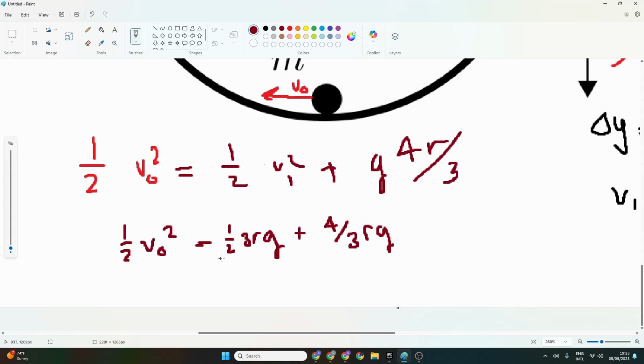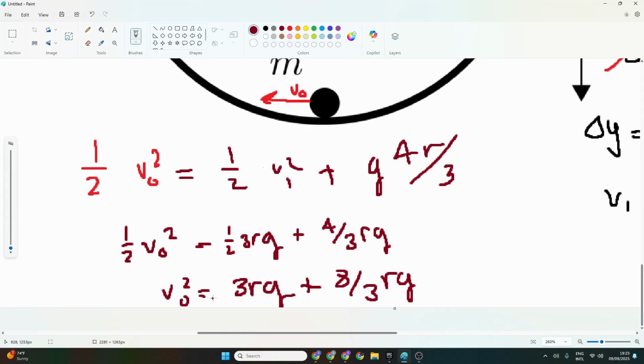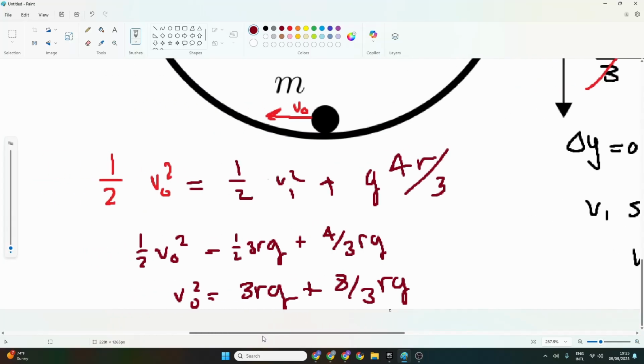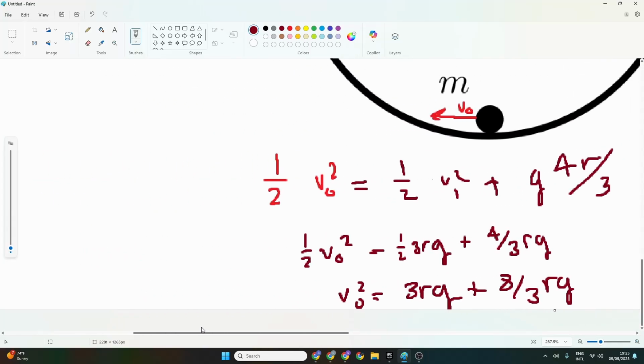Now we can just multiply everything by 2 to get that 3rg plus, not 4, it would be 8 now, 8 over 3 rg is equal to v naught squared, and it's not letting me go down anymore.